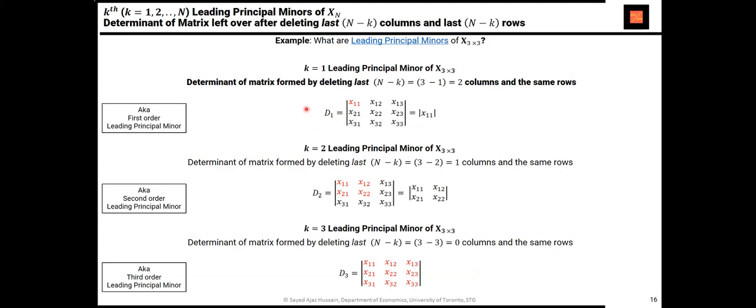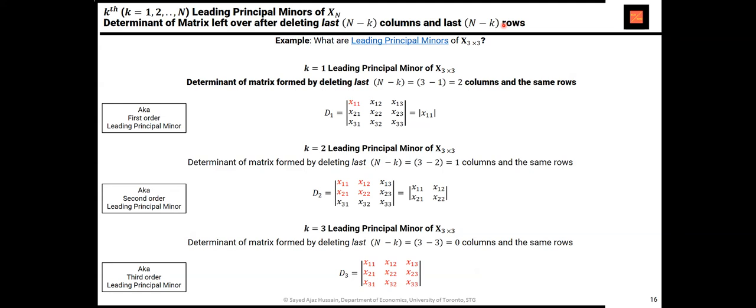But let's now start to read. Let's use a different way of saying this. This is an exercise in notation and mathematics and how to read math. According to Martin Osborne, k is a number that goes from 1 through n. The leading principal minors of this matrix are the determinants of that matrix that's left over after you delete the last n minus k columns and the last n minus k rows.